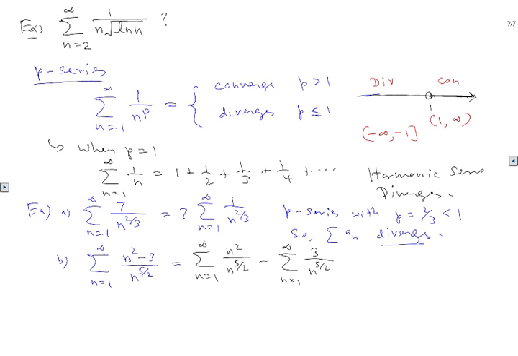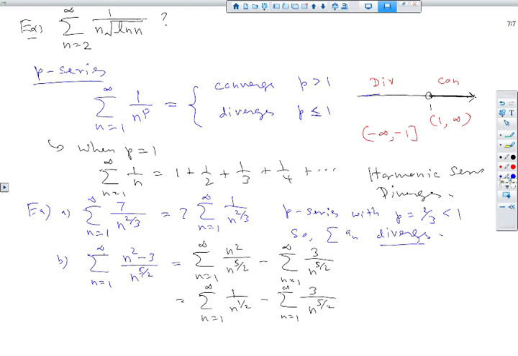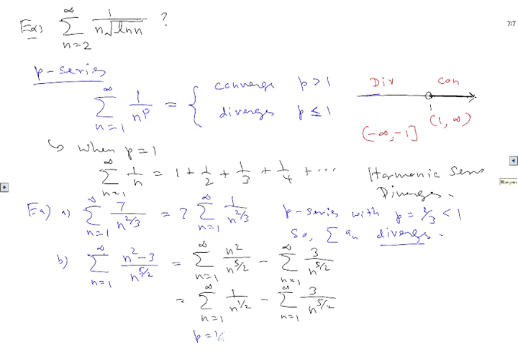If you simplify, you get sigma of 1 over n to the 1/2 minus sigma of 3 over n to the 5/2. Here p equals 1/2, which is less than 1, so the series diverges.